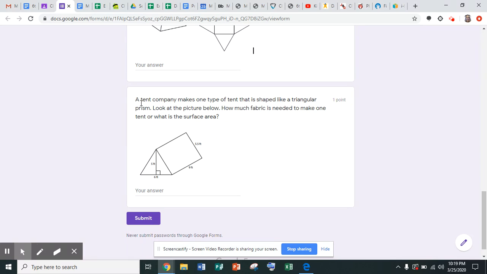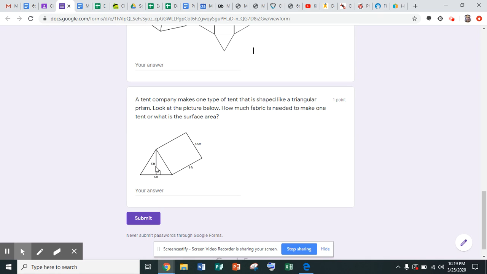And the last question. A tent company makes one type of tent that is shaped like a triangular prism. Look at the picture below. How much fabric is needed to make one tent, or what is the surface area? Okay, so you have this triangle right here up front, and the triangle has a base of 6 and a height of 5.